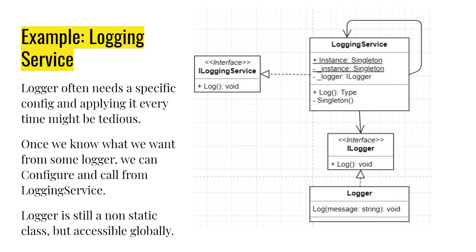So here's an example of a logging service. Audio controller is a good example. Audio controller is indeed a good example because for games, for example, you have a soundtrack across scenes, and then when you switch a scene, sound fades in or fades out.